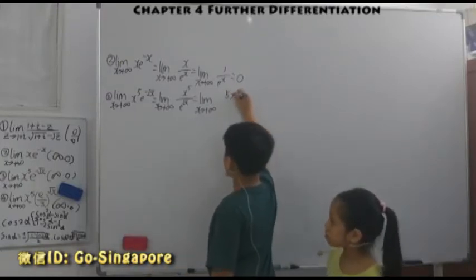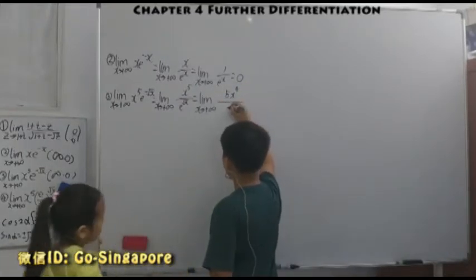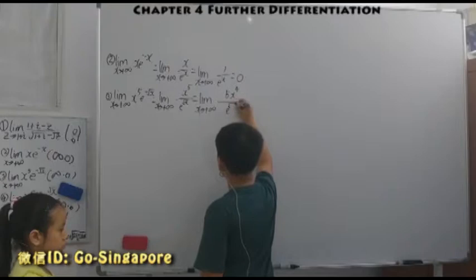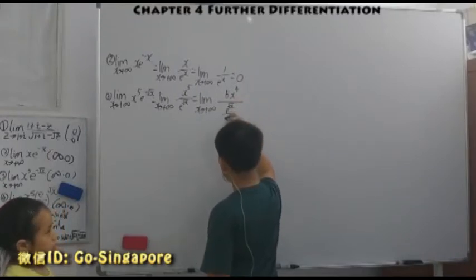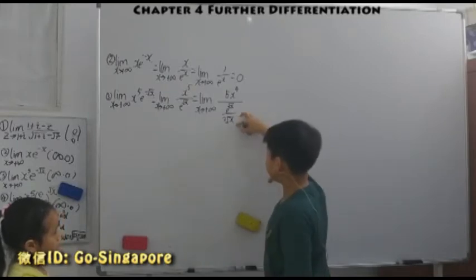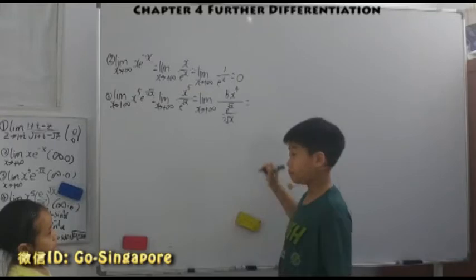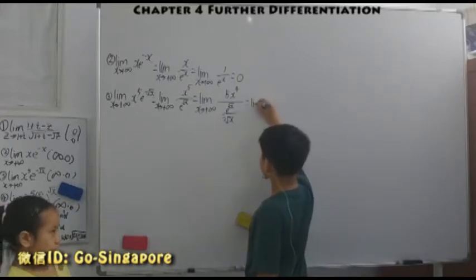This is 5x to the power of 4 over e to the power of square root x over 2 square root x. This thing flips to the top. So here we get a 10, right?